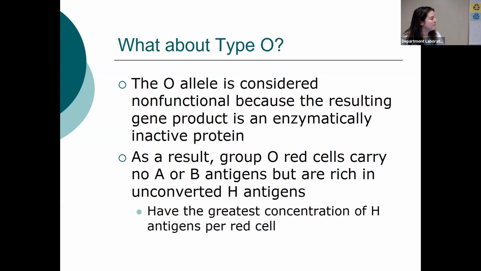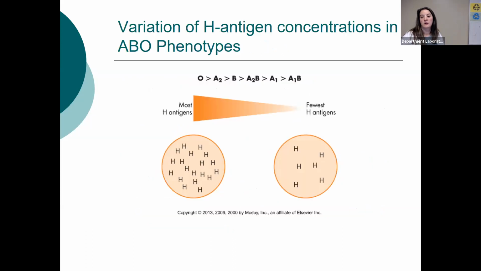And group O has the most amount of H. Here's a schematic. It's a good thing for you guys to know this based on the amount of H. Remember, there's no additional A or B antigen to add on an additional sugar, so N-acetylgalactosamine or D-galactose is not being added. So we have high amounts of H.